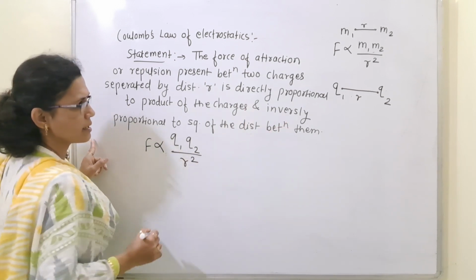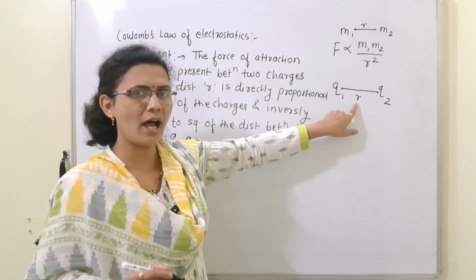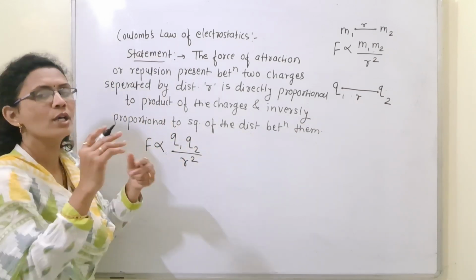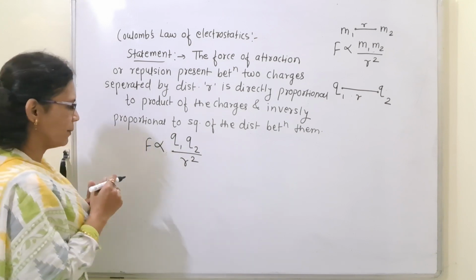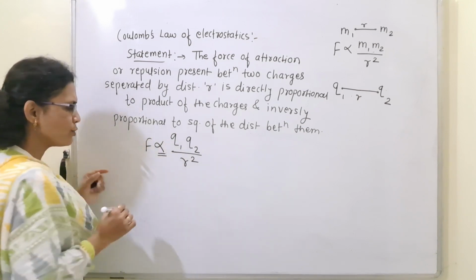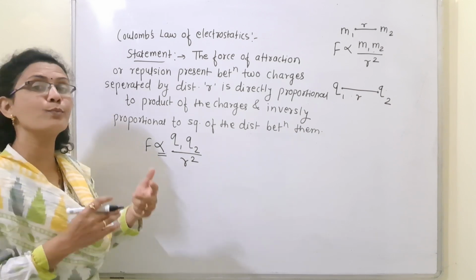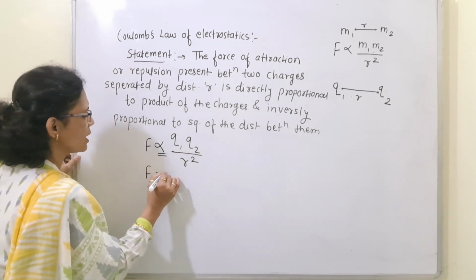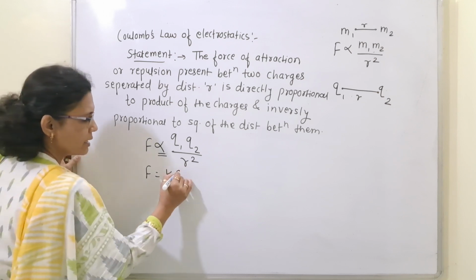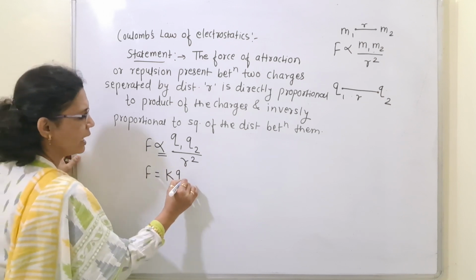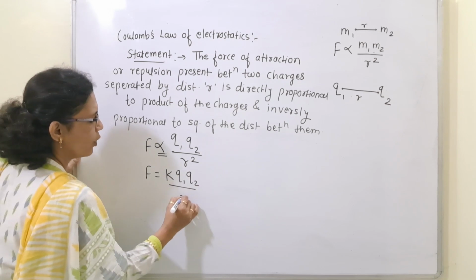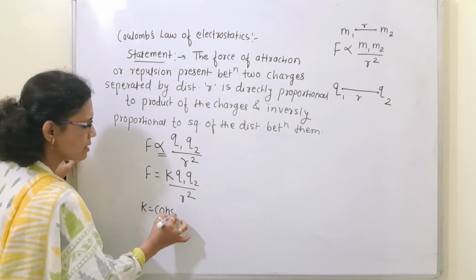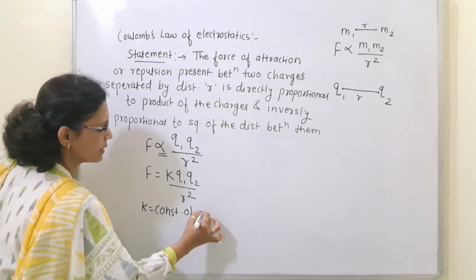To remove the proportionality sign, I have to put a constant of proportionality, which I am going to call k. That is, F is equal to k Q1 Q2 upon r square, where k is the constant of proportionality.